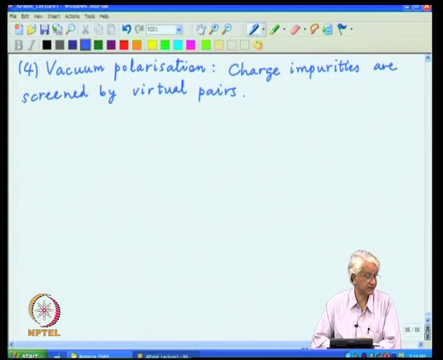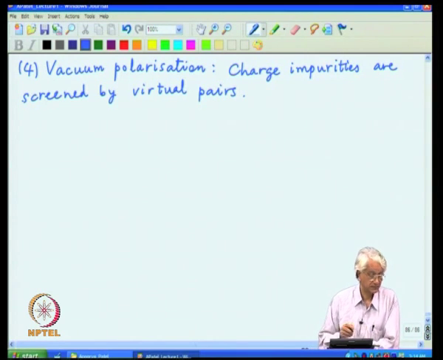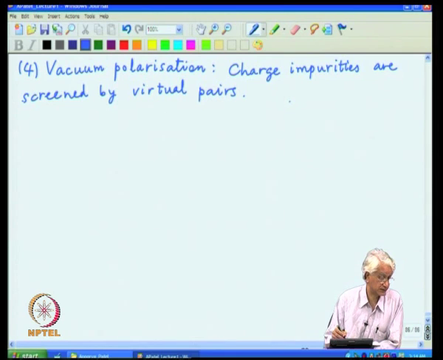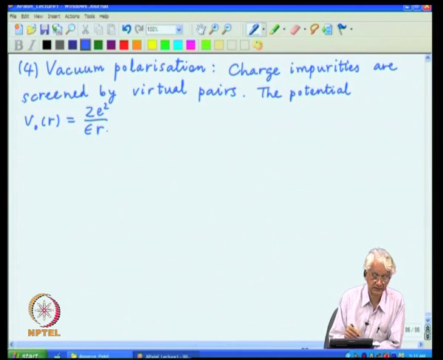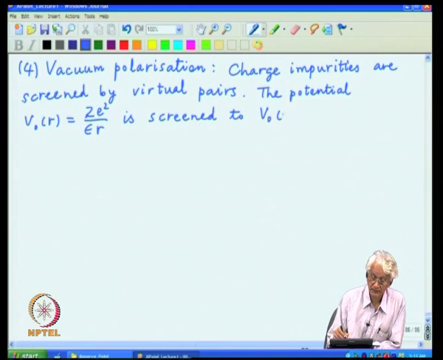How much this modification is requires some calculation, and in this particular case you have to work with a effective fine structure constant which is much larger, but one can make a model of it, and the potential of a charge impurity can be written as V_0(r) as Z square by epsilon r, where epsilon is again the dielectric constant, and that is made smaller by a distance dependent function.